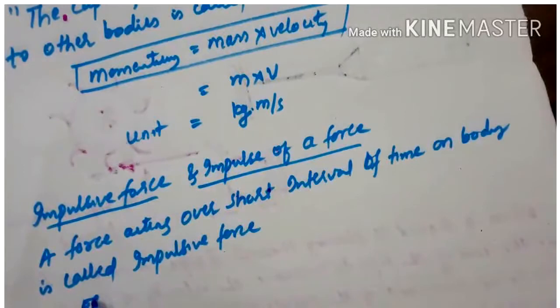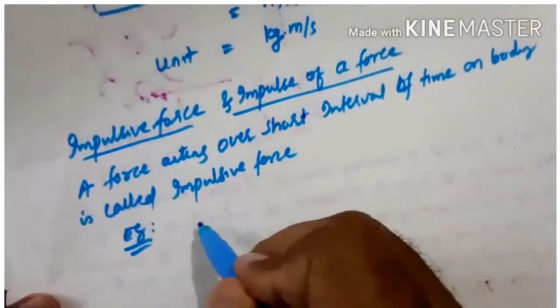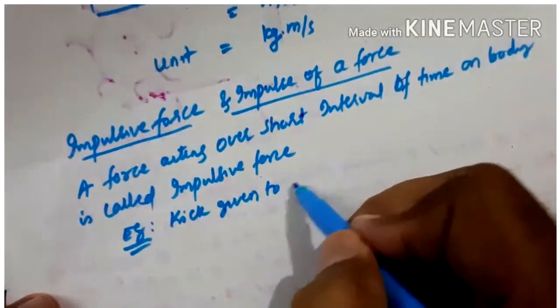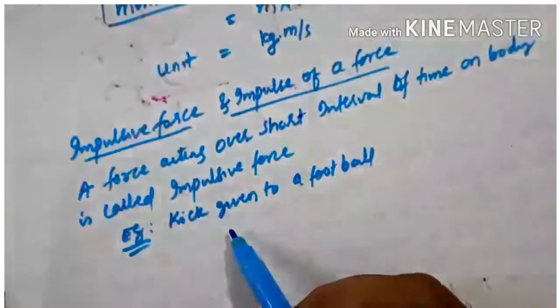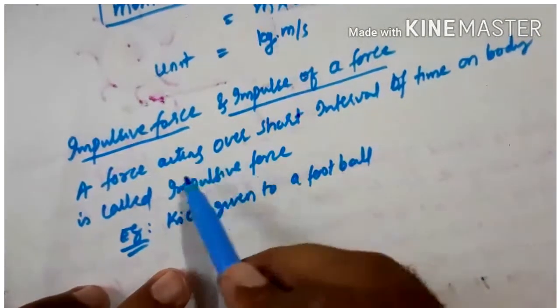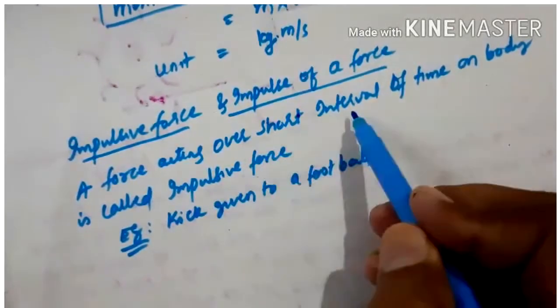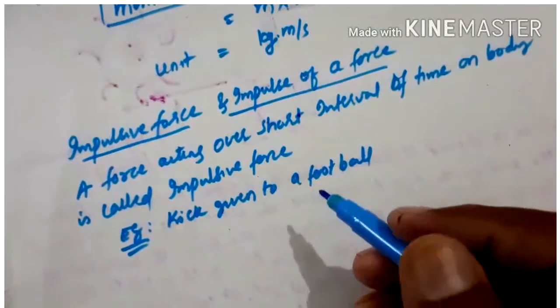You can give an example: a kick given to a football. In this case, you give a force when you kick the football, and that force acts for a very short interval of time. That is called an impulsive force.